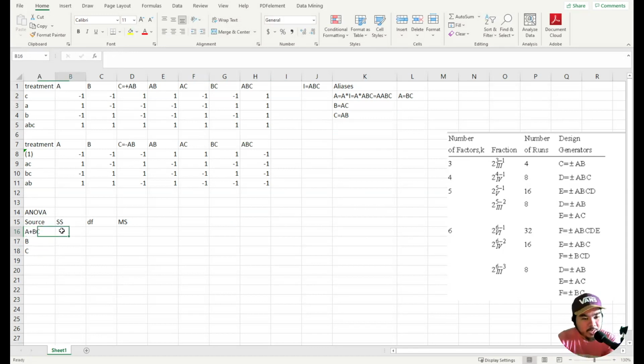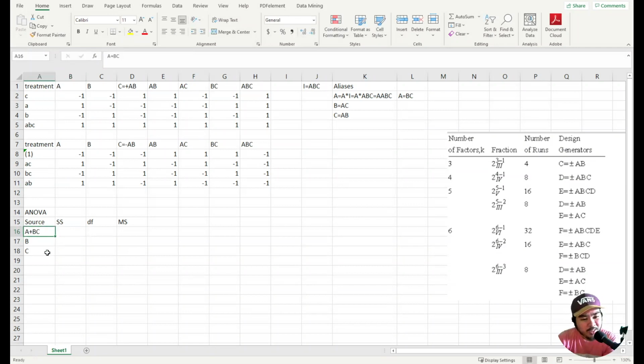So we're saying that the combined effect of factor A and factor BC has a sum of squares equal to whatever value you get here. Okay? So we're saying we're not sure if it comes from BC or from A. But again, because of the sparsity of effects principle, we say that BC is negligible and it's most likely caused by A. Okay?